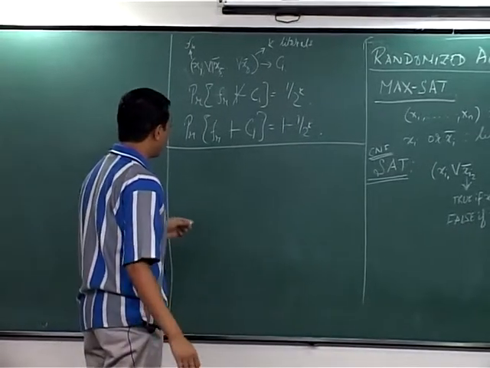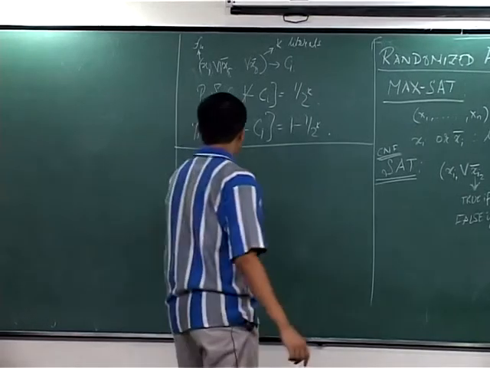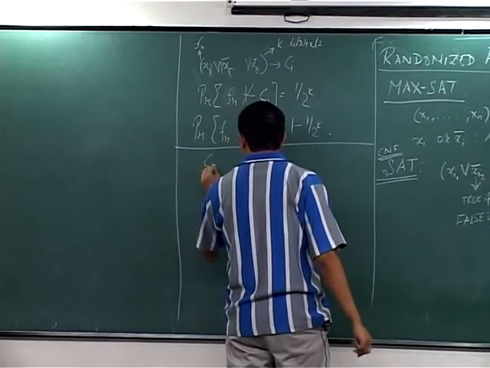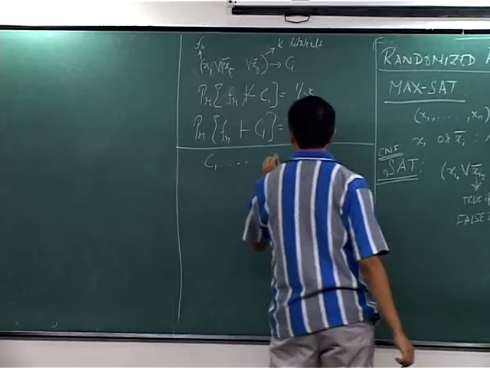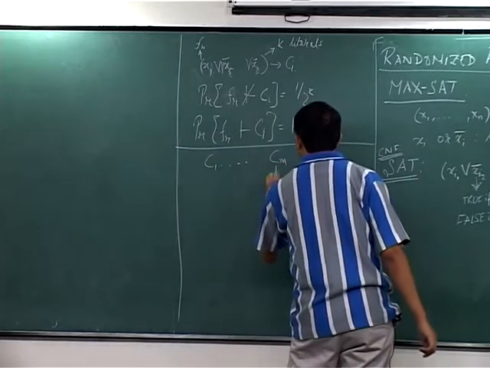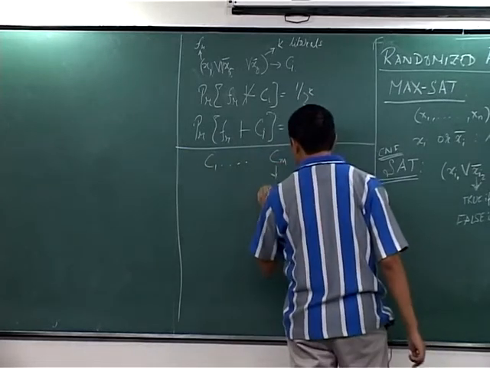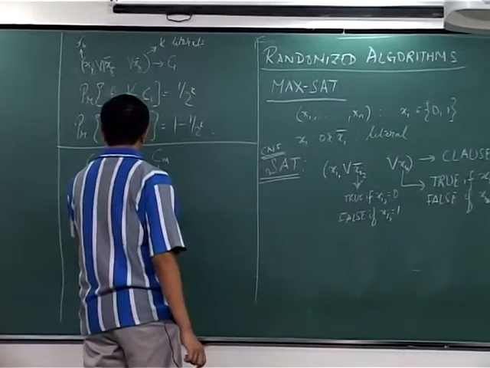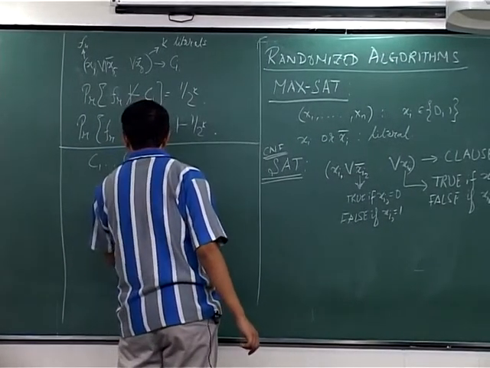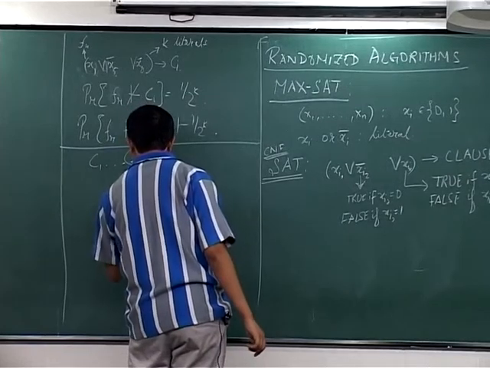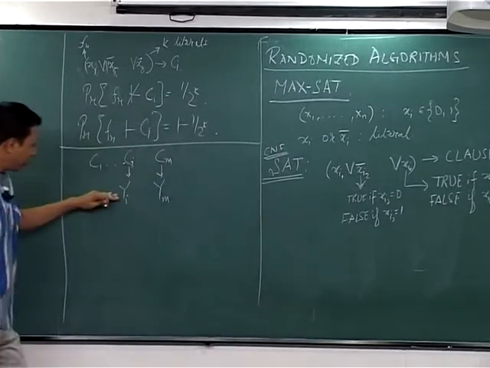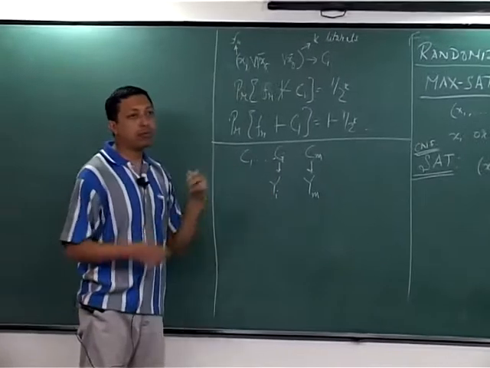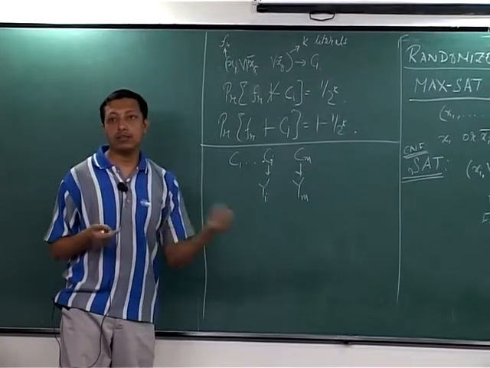So what I'm going to do is, to every clause I assign a random variable. Let's call it yi. To the clause ci, I assign a random variable yi. Now this variable will take the value 1 if ci is satisfied and 0 otherwise.